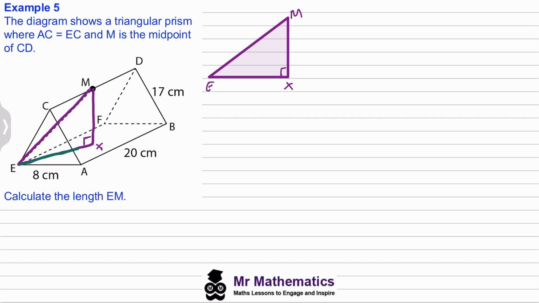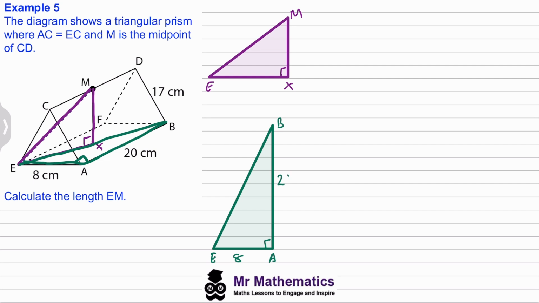So if we create this triangle, EBA, the right angle will be at A. We'll work out this length, and then we'll divide it by 2, and this will give us E to X. So A to E, we're told is 8 centimeters, and then from A to B, we're told is 20.